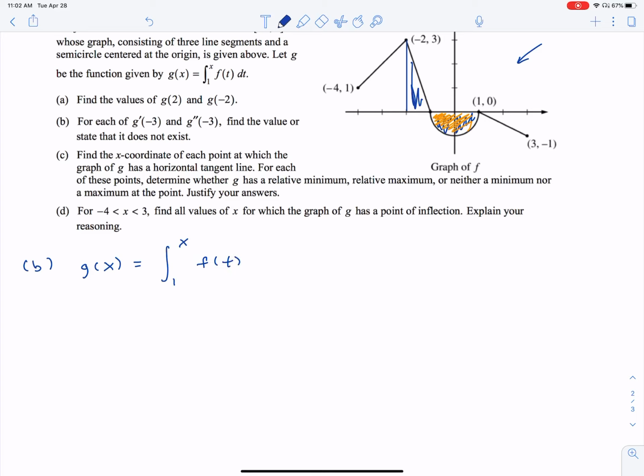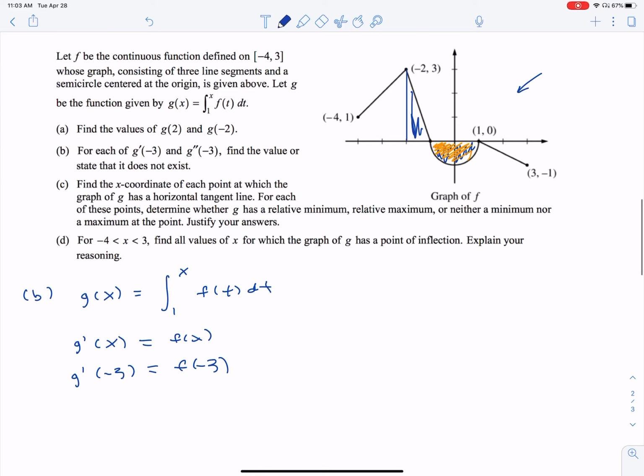Then I'm going to take g prime of x. So g prime of x equals the derivative of the right-hand side, which the second fundamental theorem says is f of x. So then I want to go find g prime of -3. So g prime of -3 equals f of -3.